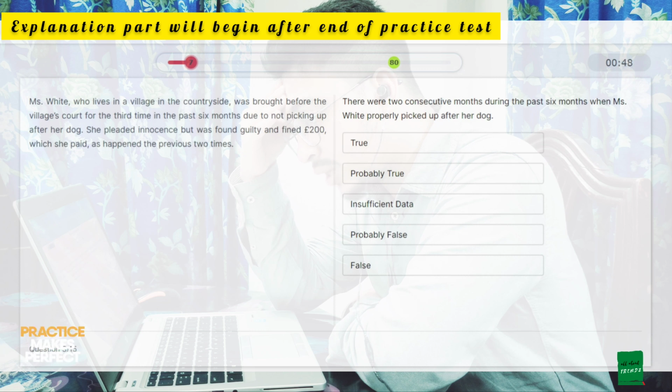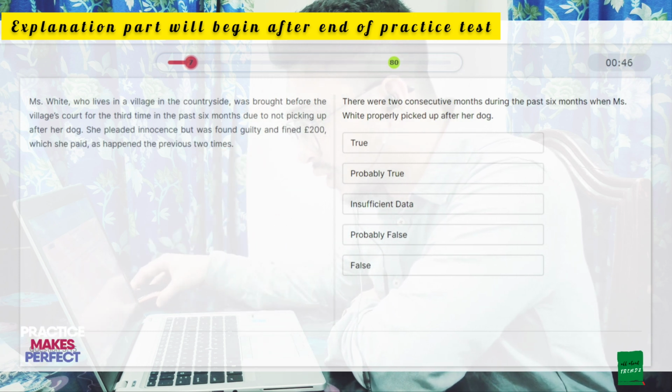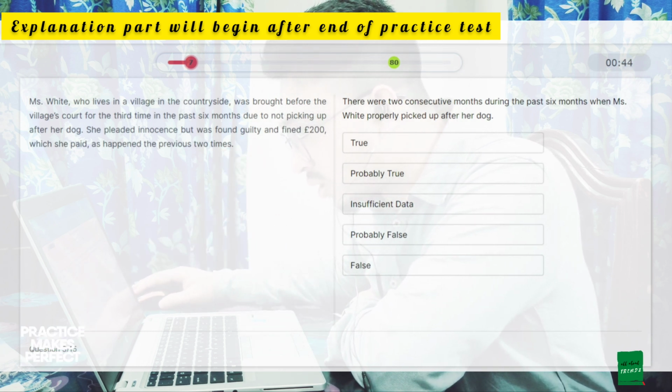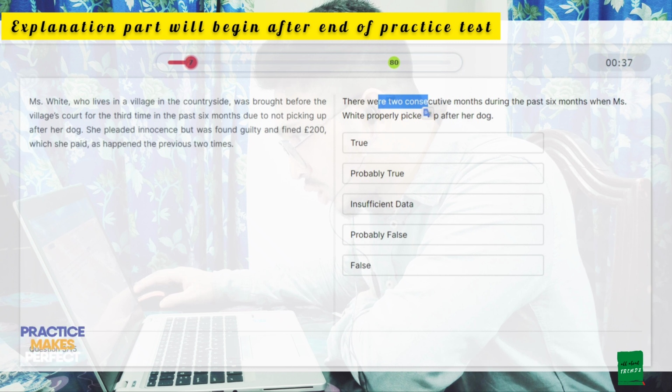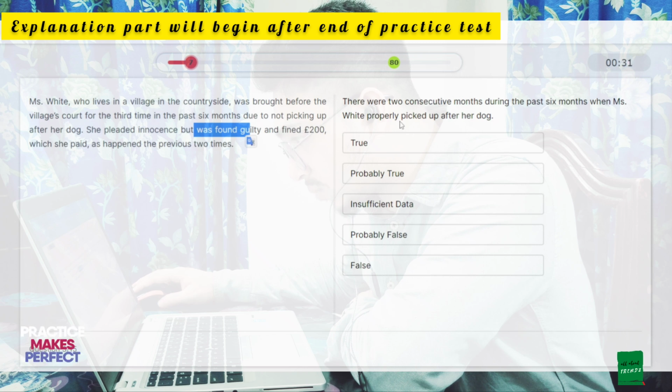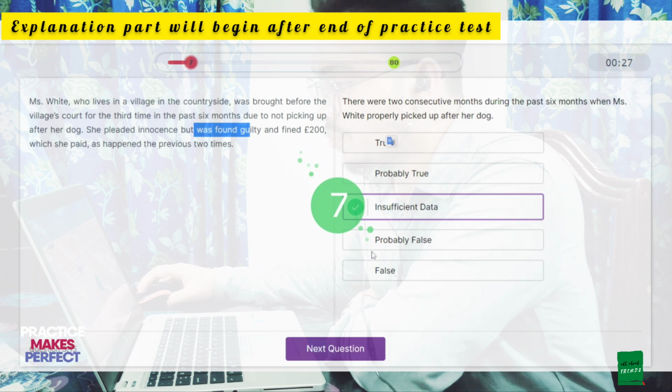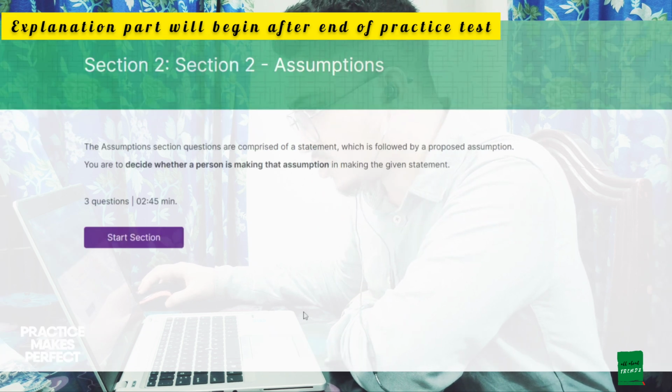Let me read it again, it's really important to read it again. Who lives in a village in the countryside was brought before the village court for the 3rd time in the past 6 months. This is 2 consecutive months. Not picking up after her dog, she pleaded innocence, but is quite guilty. Sufficient data? Insufficient, because there is no information. Go to the next question.